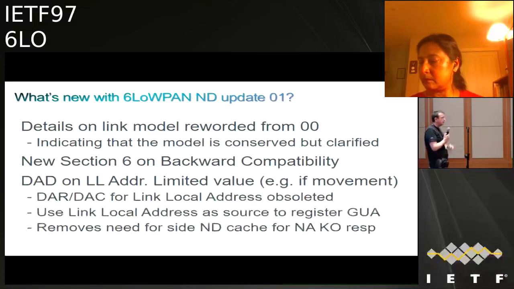And part of those consequences: if you have a device which is in one network and there's a registration there to register its link local address, and it moves to another network, it doesn't necessarily know that the 6LBR is not the same, and that it's registering to a different place. What that really means is that its address is not protected in the new place if it doesn't try to register. And if it tries to register, it may face a duplication with the same address already registered in the new place.